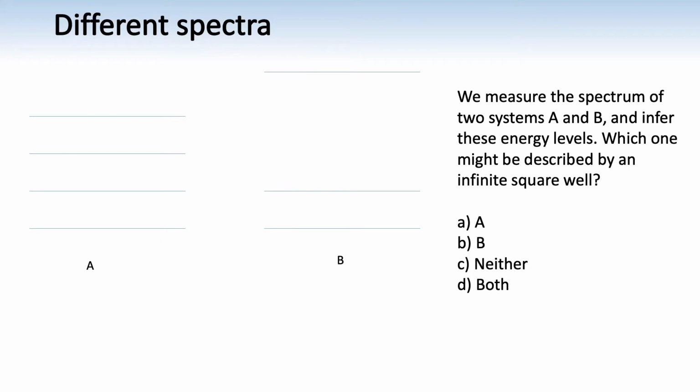So if this is the first excited state, so that's n equals 2, then the next one is going to be 9. So this is 4, this is 9. So if we were to choose between these two for the square, well, then it would be B.